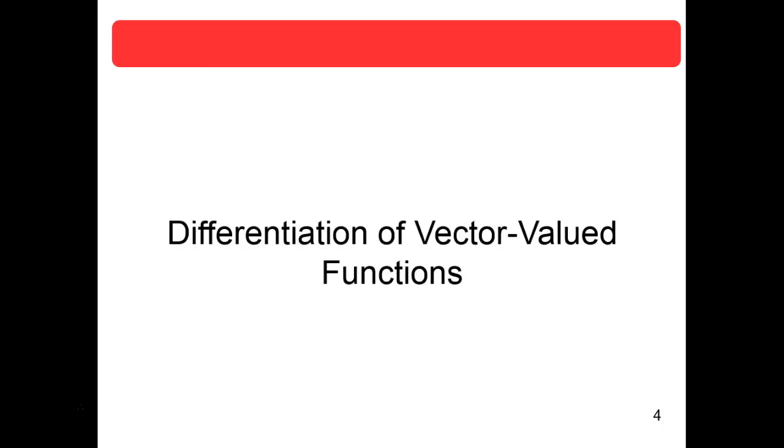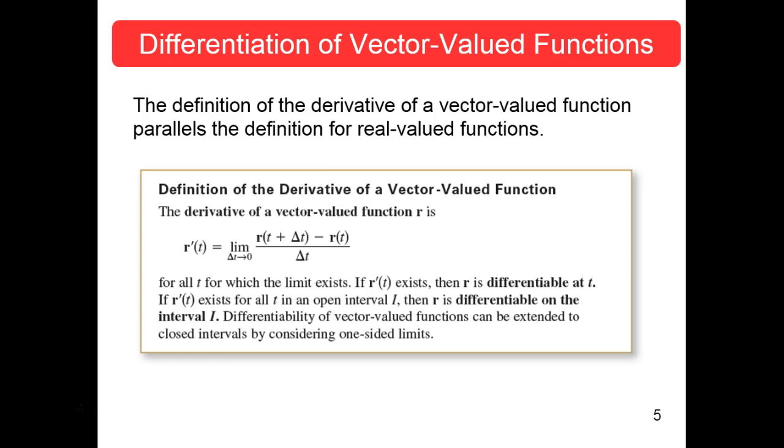So differentiation of vector value functions, the definition of a derivative of a vector value function parallels the definition of real value functions. The derivative of a vector value function R, notice, now they have the whole phrase here bolded, so you can't really tell the R is supposed to be bolded too, even if it stood alone.